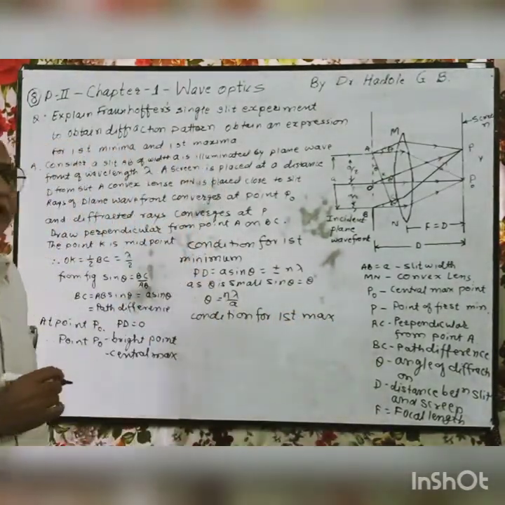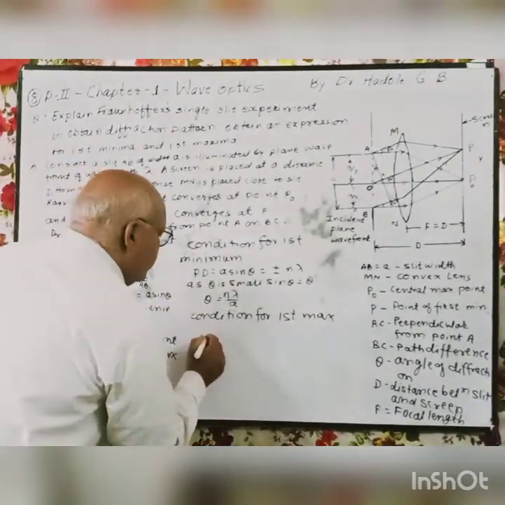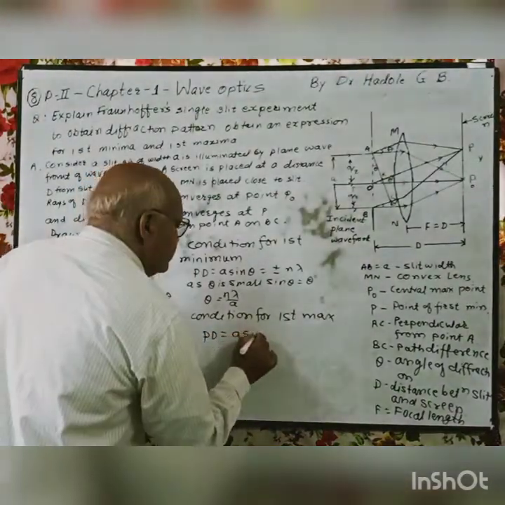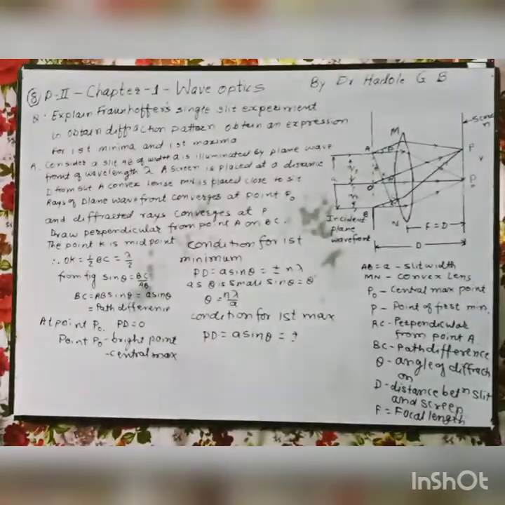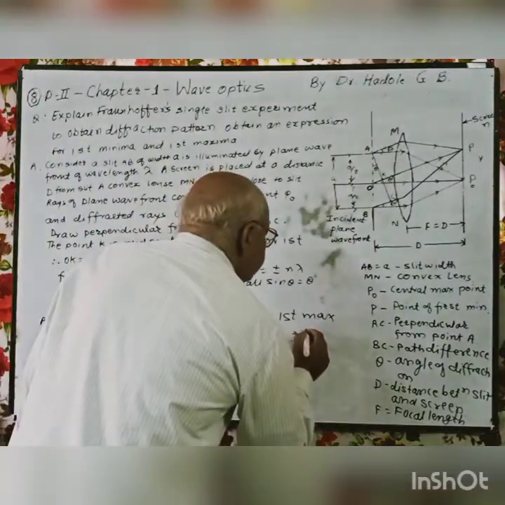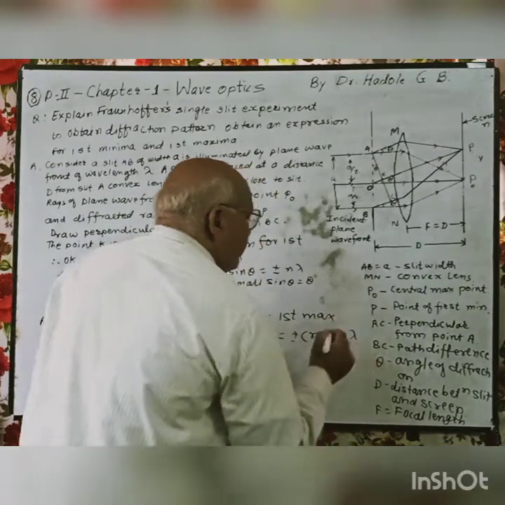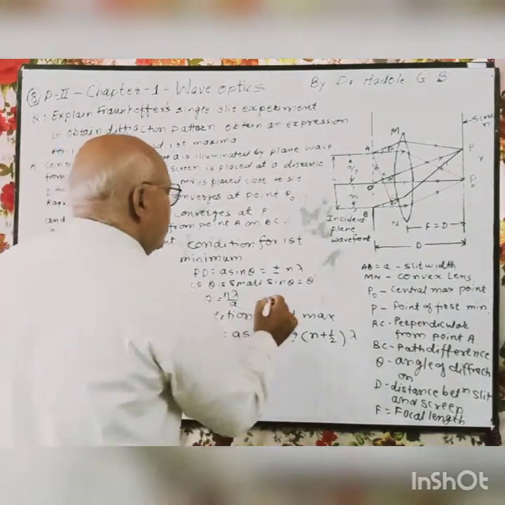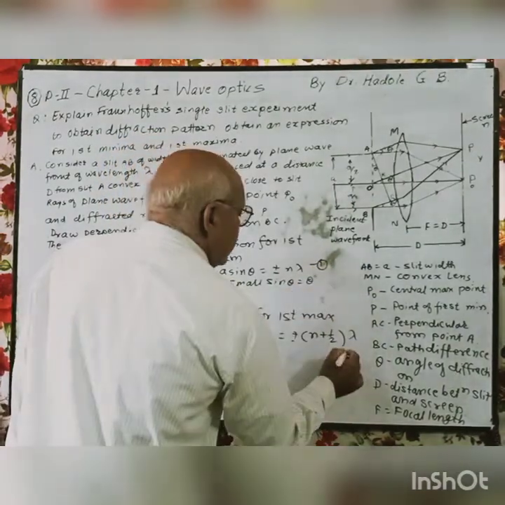Now suppose that this point P is a maximum point, and therefore this path difference PD equals a sin theta, which will be equal to plus or minus (n plus half) into lambda. Suppose this is equation number 1, and this is equation number 2.